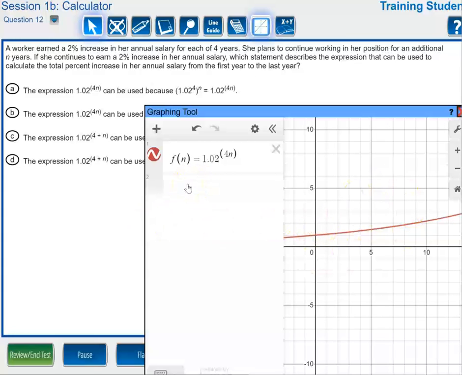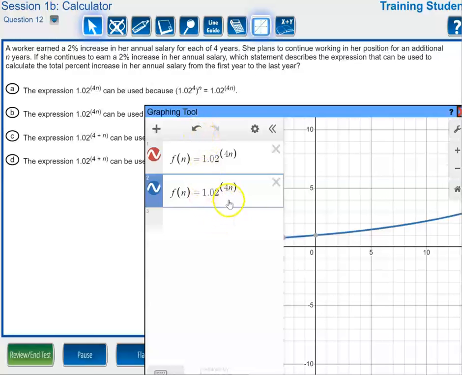All right, it says it can be used because 1.02 to the 4th power raised to the nth power is equal to 1.02 to the 4n. So what I'm going to do is see if that is true by seeing if these functions mirror each other. And it does appear that this one is on top of that one.